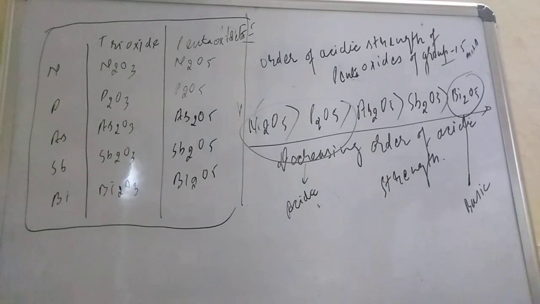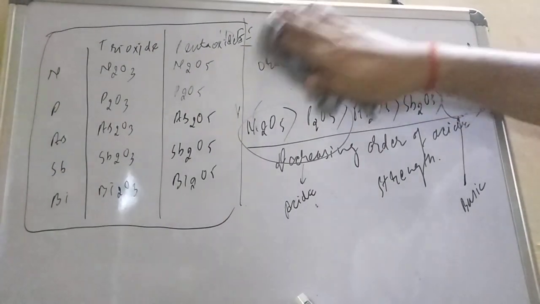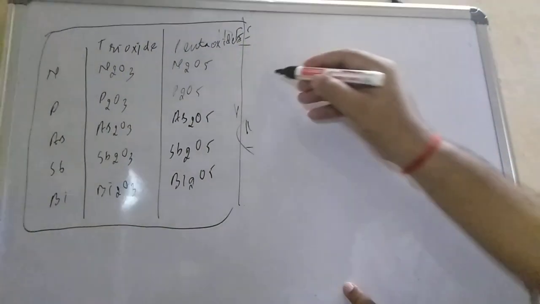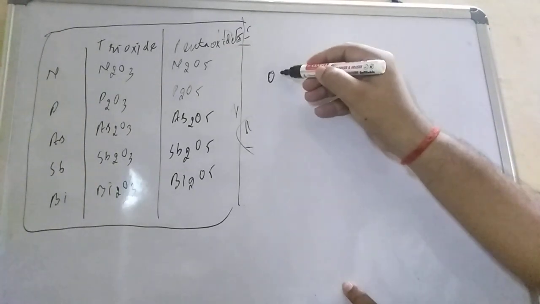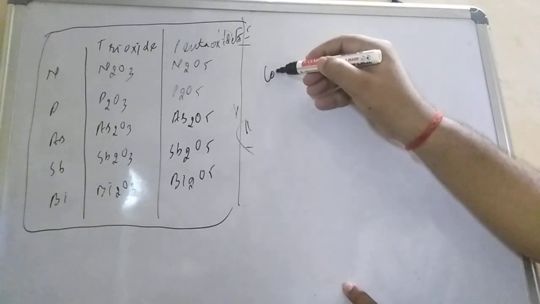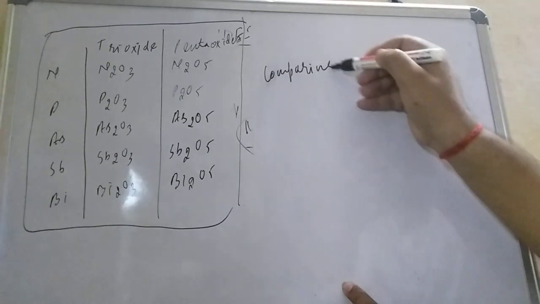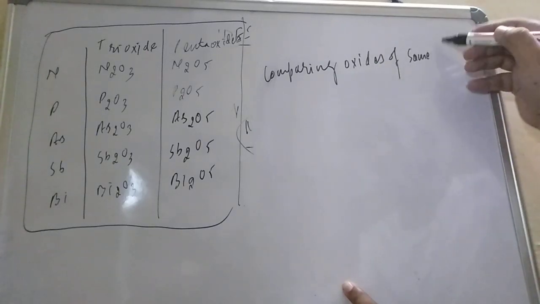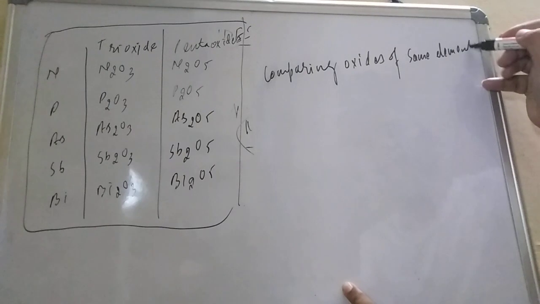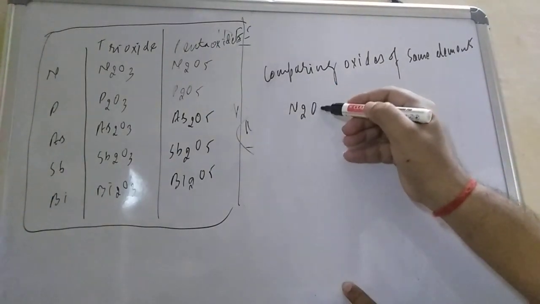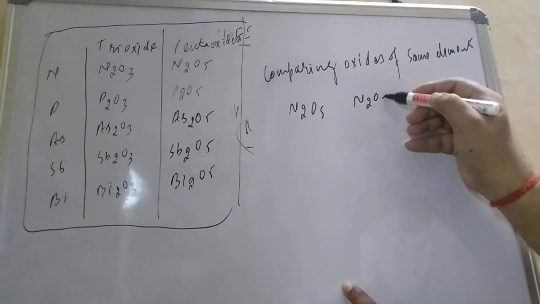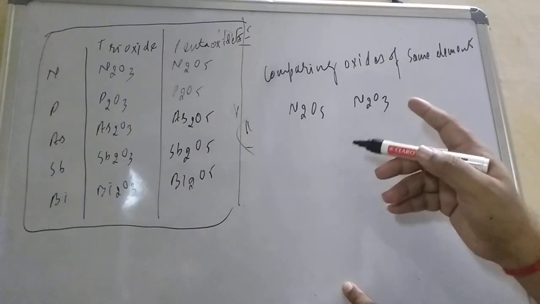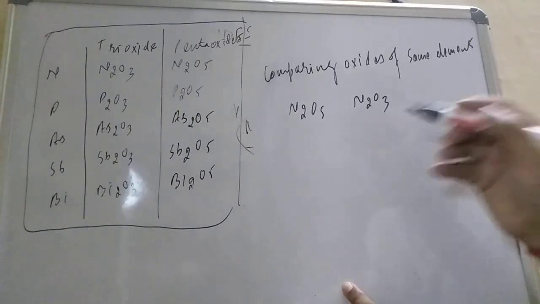Now the third concept is about the oxides of the same element. If you compare the oxides of the same element, suppose you are comparing N2O5 and N2O3, the concept is that oxides of a higher oxidation state are more acidic than those of a lower oxidation state.